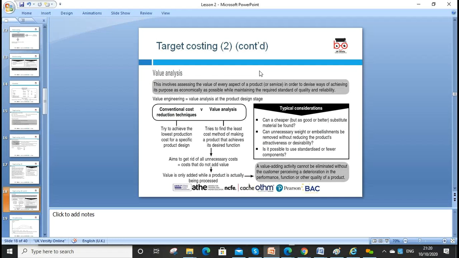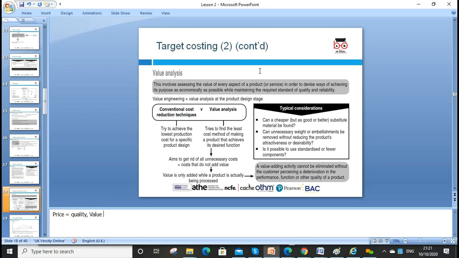Target costing, value analysis: this involves assessing the value of every aspect of the product, and devising ways to achieve it as economically as possible while maintaining the required standard quality. So when you do this, please don't look just at the price, because people don't just look at the price, people want quality.